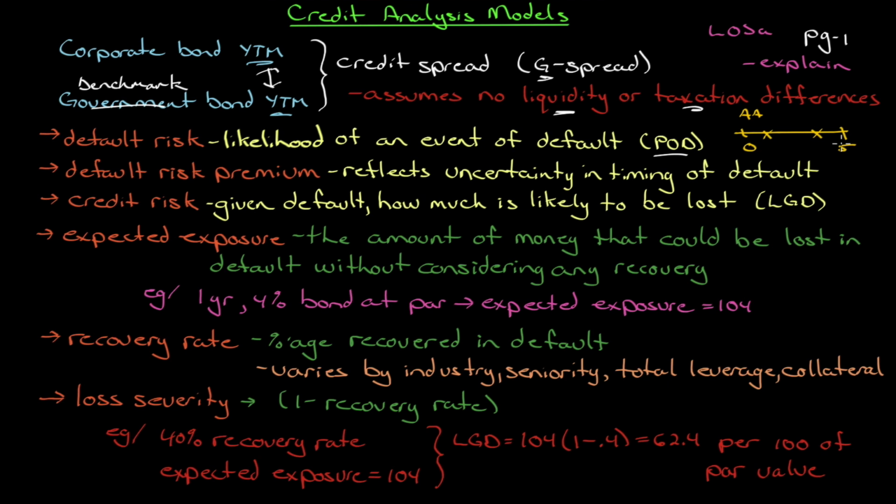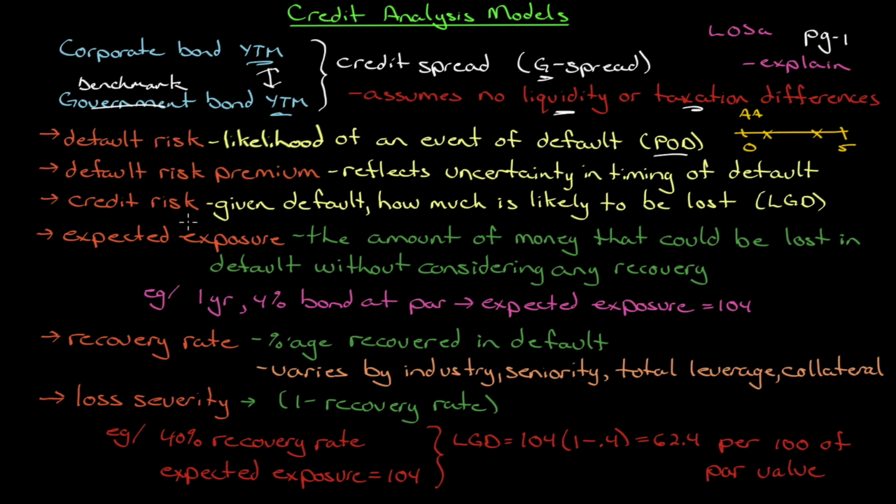We see that 2 have defaulted, but we pay no attention to when they've defaulted. So the default risk premium reflects the uncertainty in the timing of default. So if there's a 2% probability of default, we might have 2.4% as the probability of default in the credit spread to represent the extra uncertainty of when that would happen.